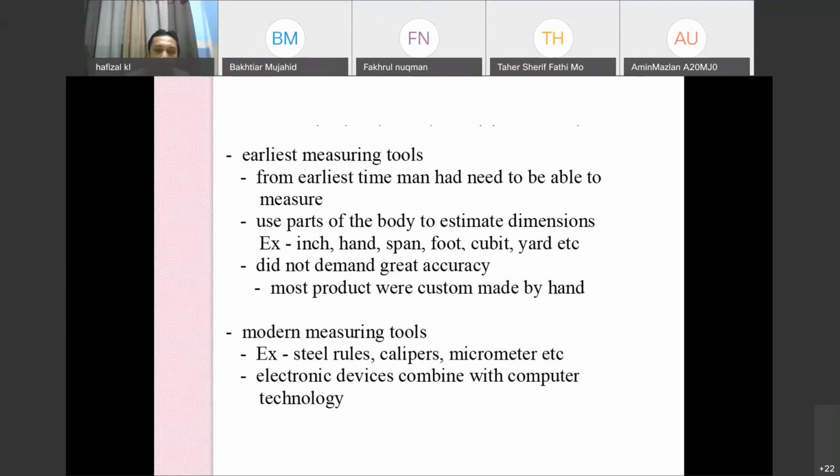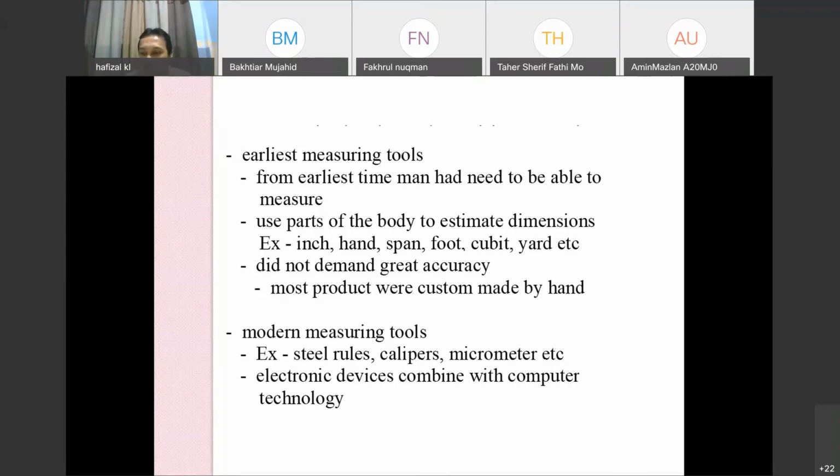So the use of modern measurement, using a standard ruler, caliper, micrometer, and also electronic devices, is very useful in order to get a very precise, very accurate measurement.